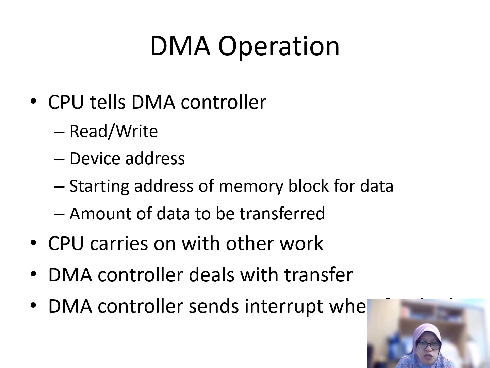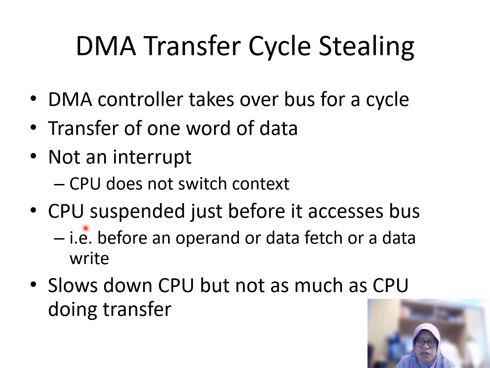Quite efficient, right? So for sending the data to and from, the DMA module must use the bus only when the processor does not need it, or it must force the processor to suspend the operation temporarily. The technique of suspending the CPU operation is what we call cycle stealing.